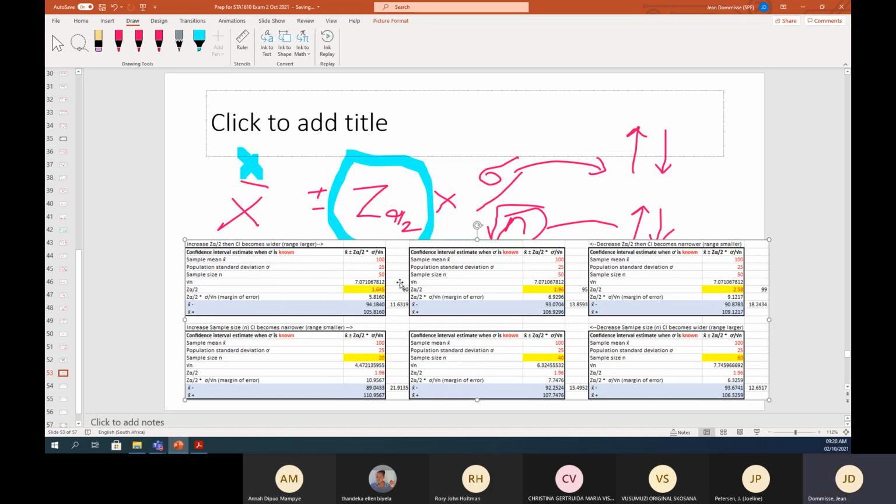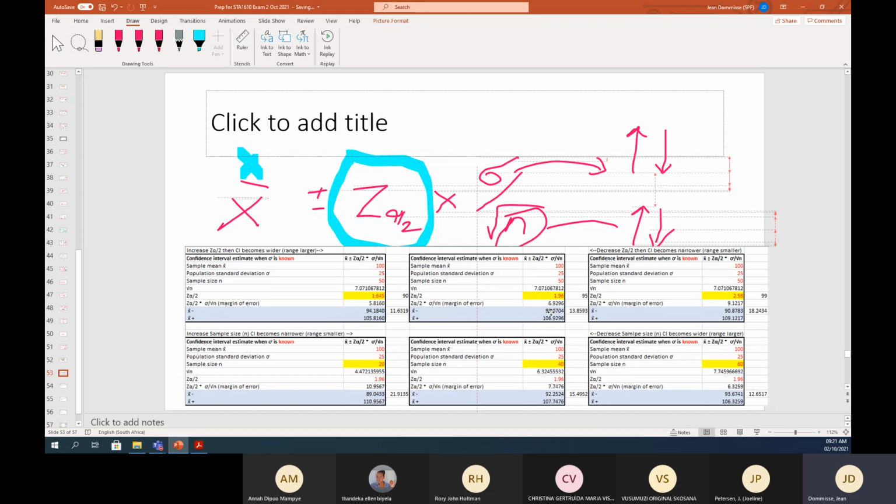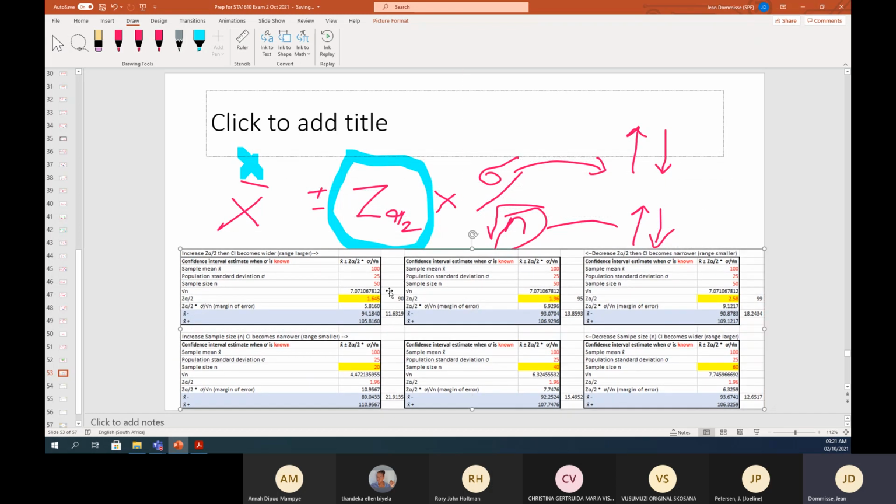Okay, cool. So there you have that one increasing, there you have the sample size increasing. You can add another one where you do a change to the standard deviation as well. But that's for free. So this is cool.